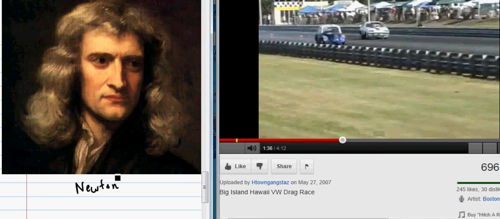Him and another guy named Leibniz sort of worked independently in different parts of the world. And they came up with this idea of how to solve those age-old questions: instantaneous rate of change and total change. And the ideas that were rattling around in their minds got formalized over the years until now we have the subject of calculus. And that's what we're going to learn in this class.